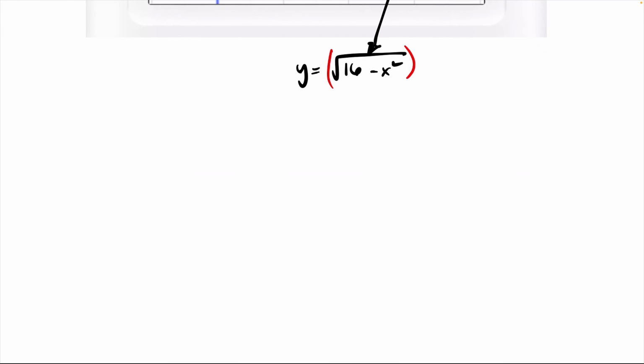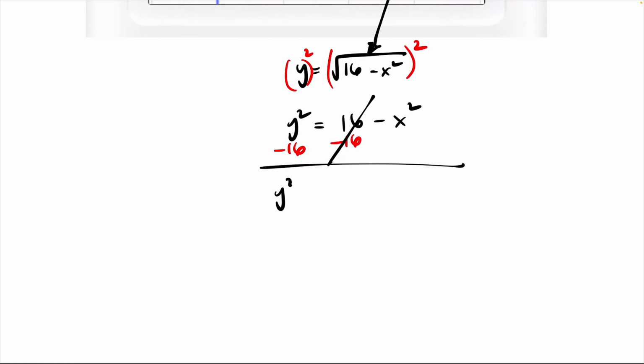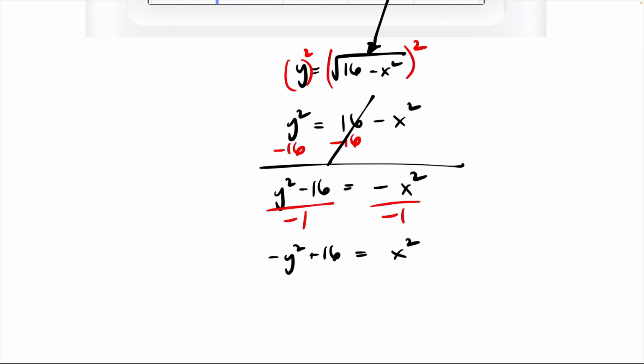Square both sides, by second power. You get y squared equals 16 minus x squared, right? Subtract 16 from both sides. Negative x squared. Divide both sides by -1. So that's going to be negative y squared plus 16 equals x squared. And then you take the square root.